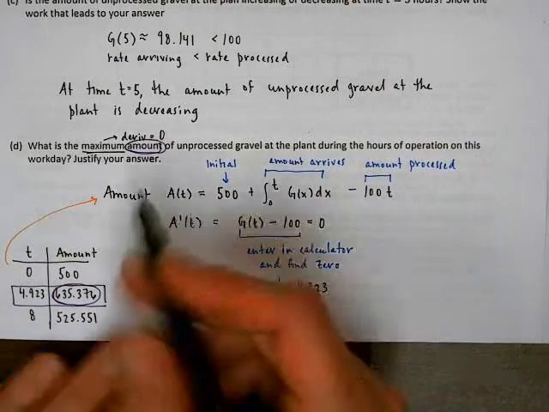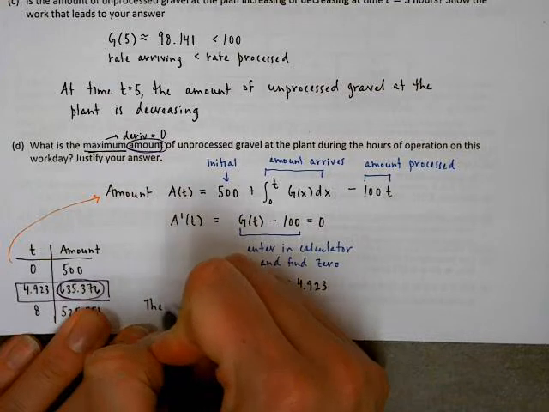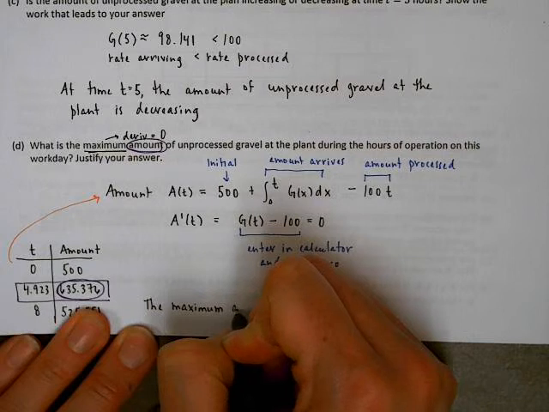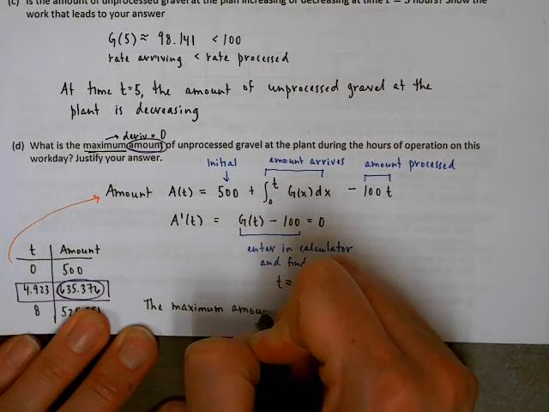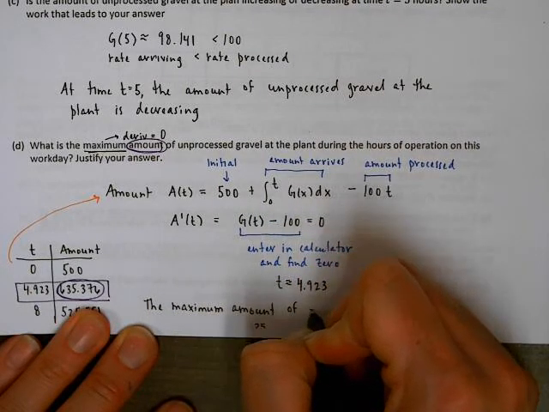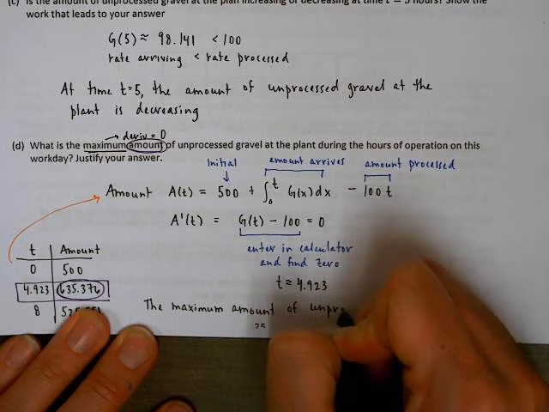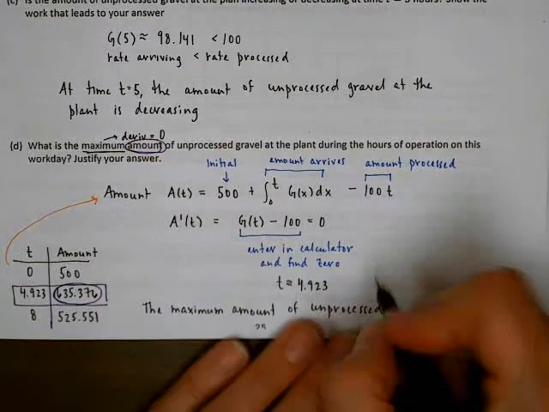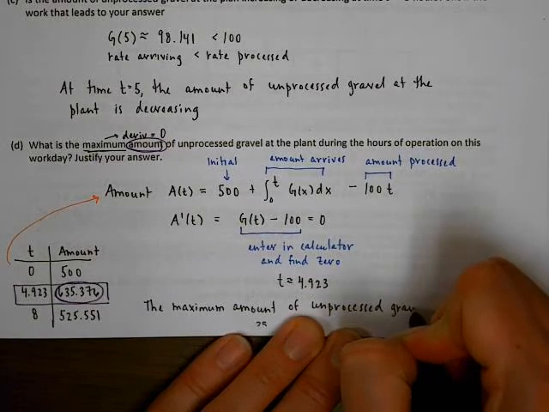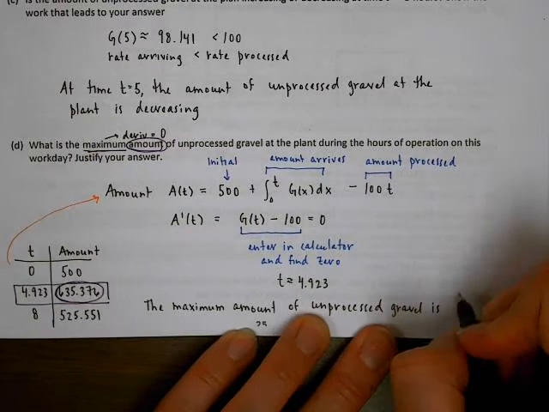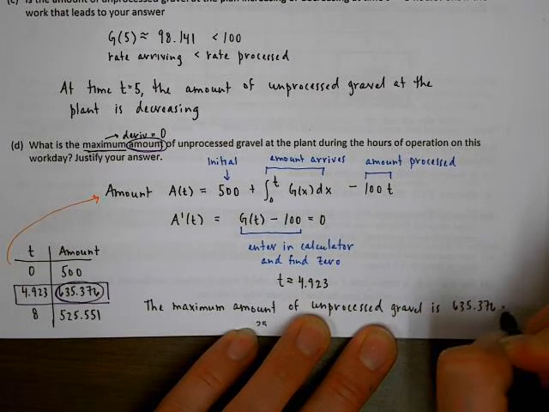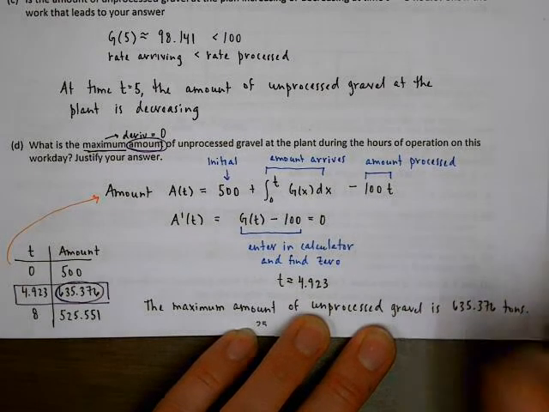So we would say the maximum amount of unprocessed gravel is 635.376 tons, and that would be our answer.